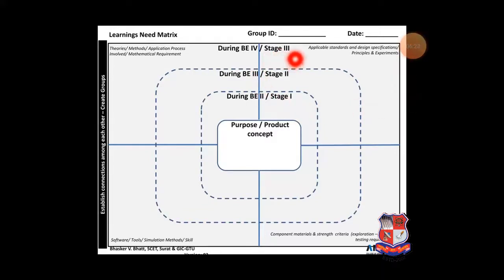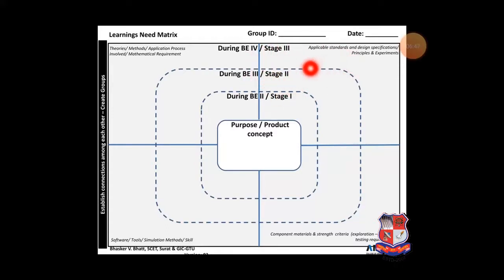Here you can observe the first quadrant, second quadrant, third quadrant, and the fourth quadrant. Each quadrant is also divided into 3 stages. Stage number 1 is for Design Engineering 2, stage number 2 is for Design Engineering 3, and stage number 3 is for Design Engineering in 6th semester.